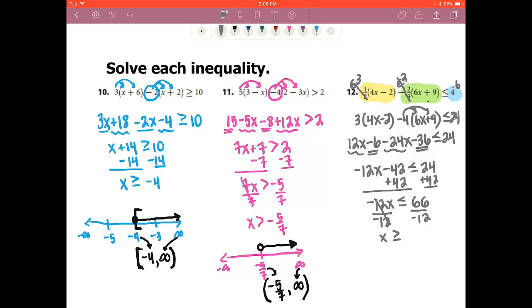Divide both sides by -12. When I divide both sides by a negative, I have to flip the inequality, and I get x is greater than or equal to, I think we did this one before. 66 divided by 6 is 11. 12 divided by 6 is 2, so that would be -11/2.